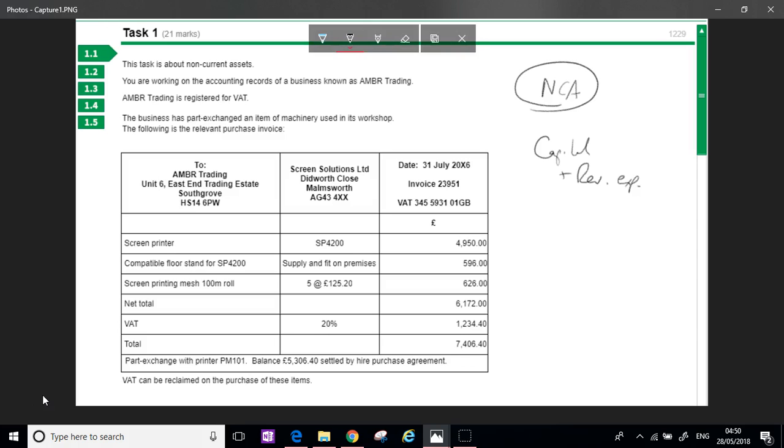So capital expenditure, asset; revenue expenditure, yearly. But not just that. When we talk about assets, the definition of an asset is not just the cost of the asset, but all the costs that have had to be incurred to bring it to its place of working. For us to be able to use the asset, we need to think about all the costs.